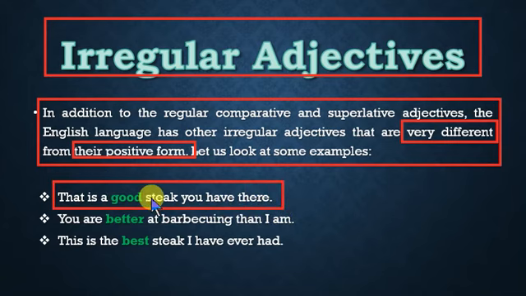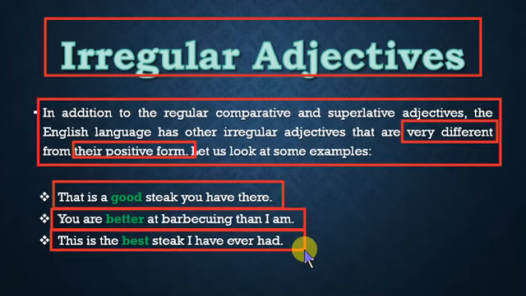Steak, it means that is a meat. Then, you are better at barbecuing than I am. What is the meaning of barbecue? It means it is a stick where we burn the meat. Next, this is the best steak I have ever had. We will move to the next slide.